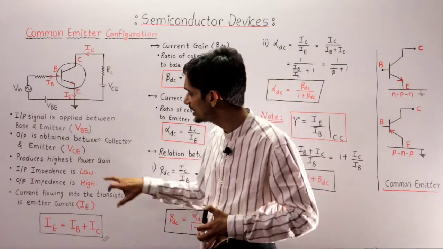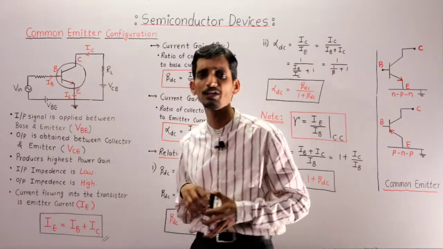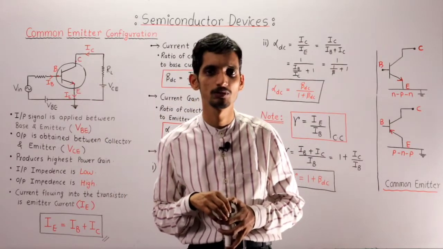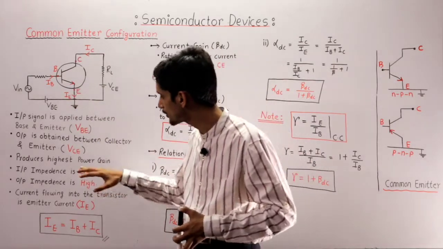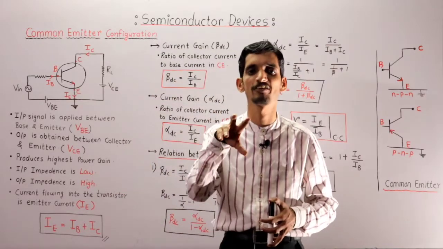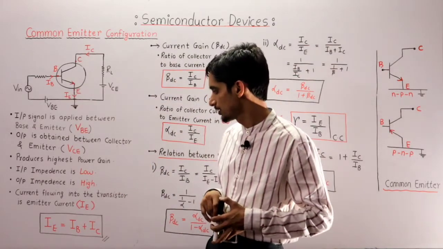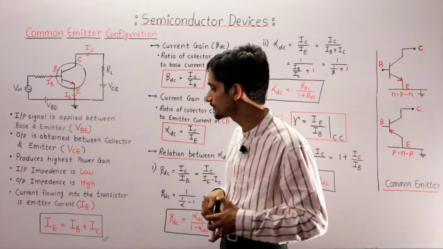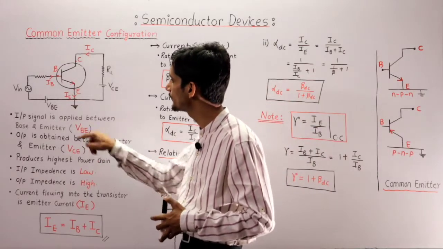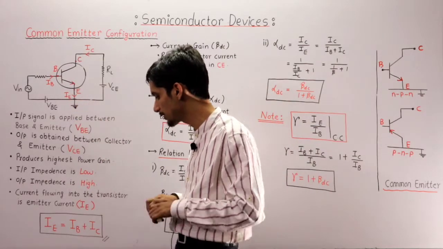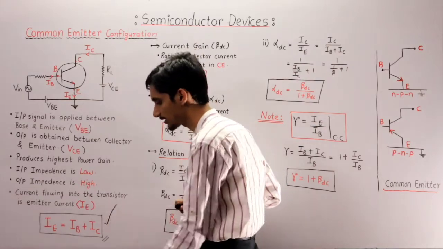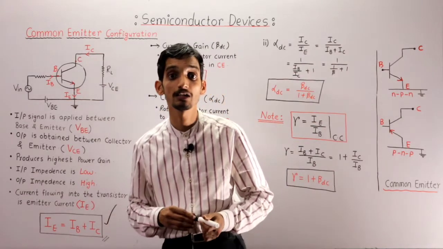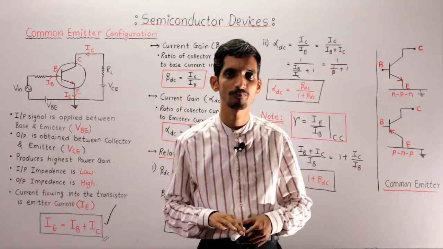The input impedance of the common emitter configuration is very low, and the output impedance is very high. The current flowing into the transistor is the emitter current, which is IE equal to IB plus IC. That we have already discussed in the current equation of the transistor.